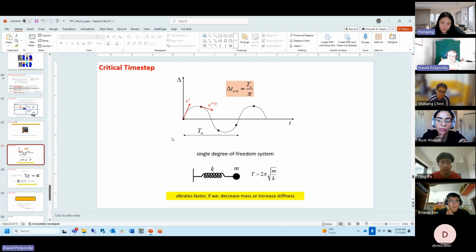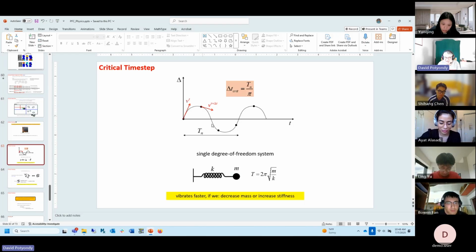We have to keep updating the position of that thing. So we know its velocity right now at the beginning. There it is, velocity at time t.